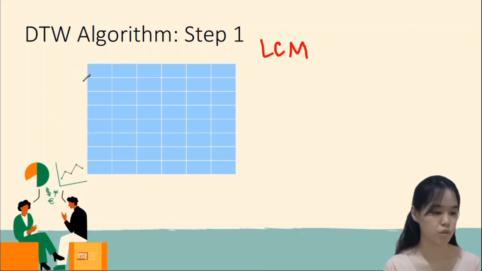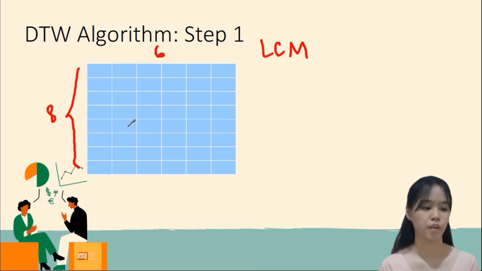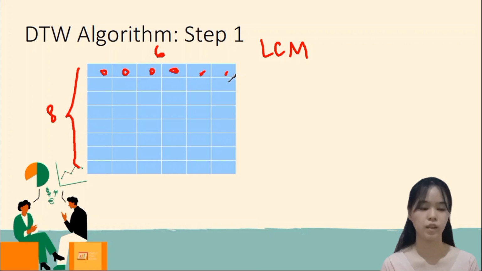The total rows is 8, and the total columns is 6. So we can say that the length of the first series is 8 and the length of the second series is 6. And then for each cell of this matrix, we calculate the pointwise distance.